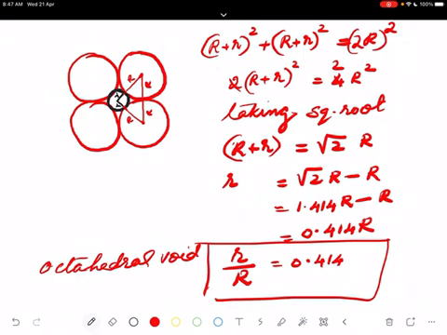Now let's go to the derivation of small r upon capital R in the case of a tetrahedral void.